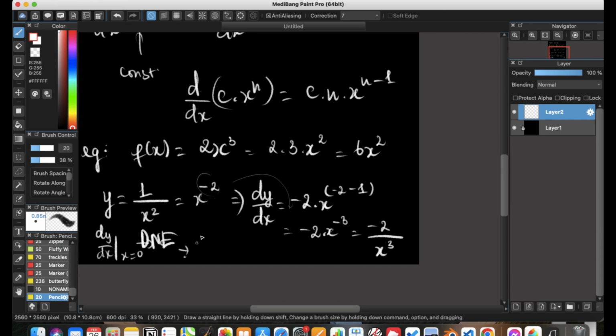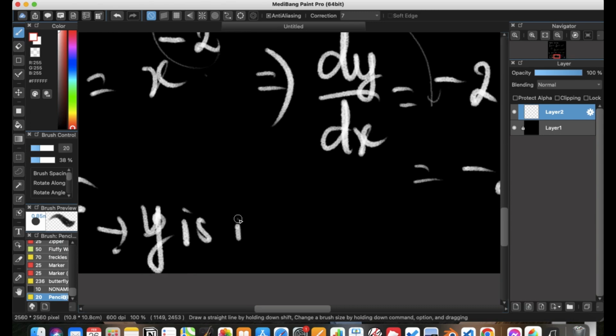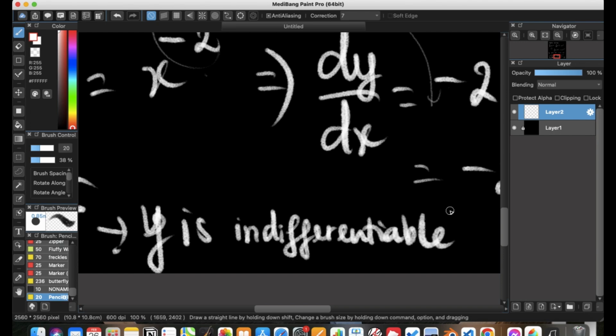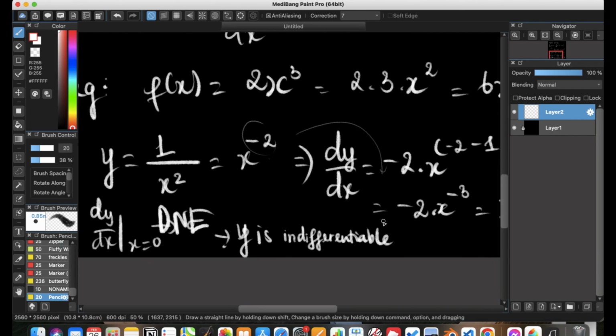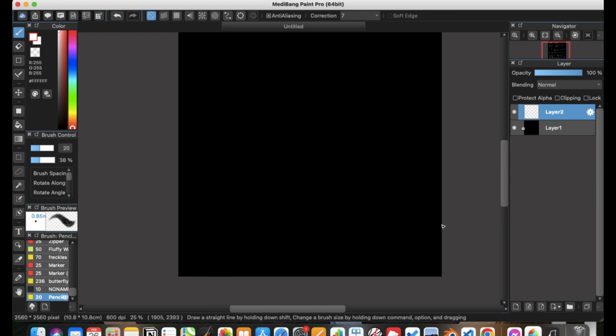So we can say that y is not differentiable at x equals 0, right? So that's for algebraic functions. That's really easy. And now let's take a look at some rules.